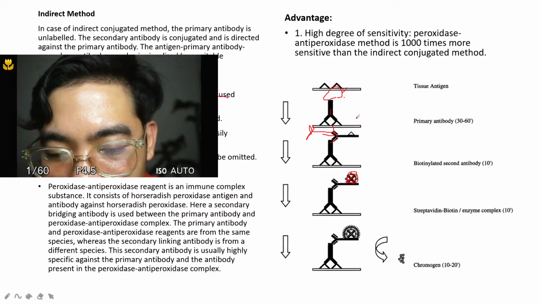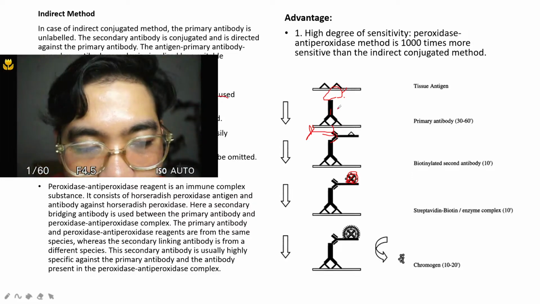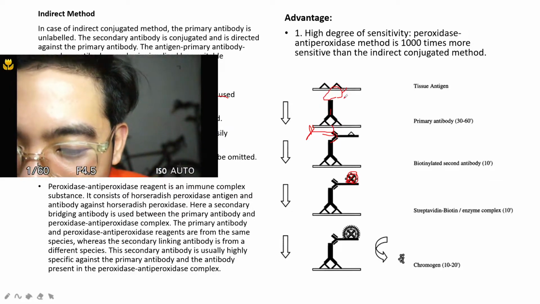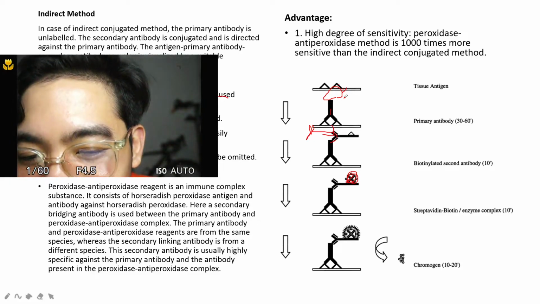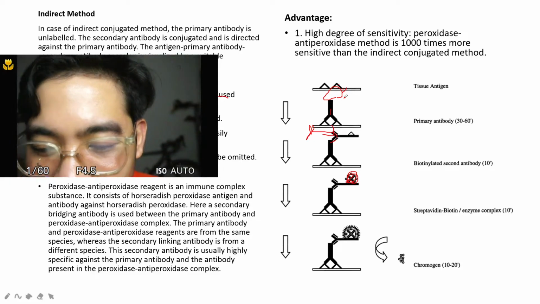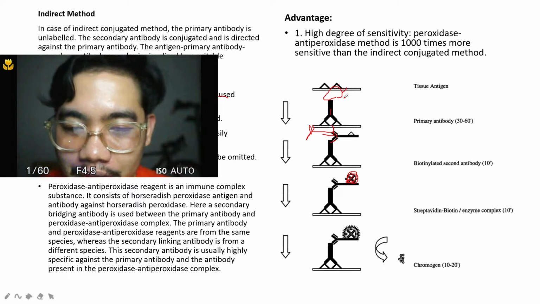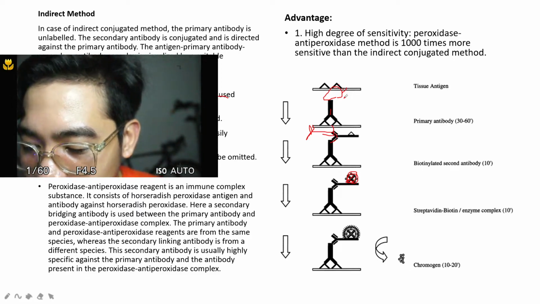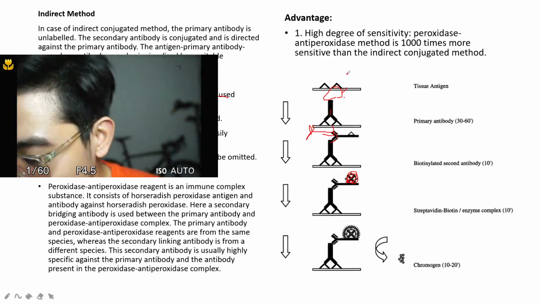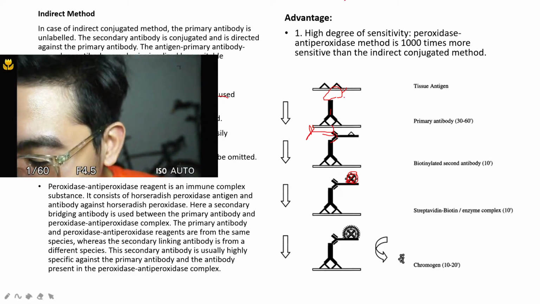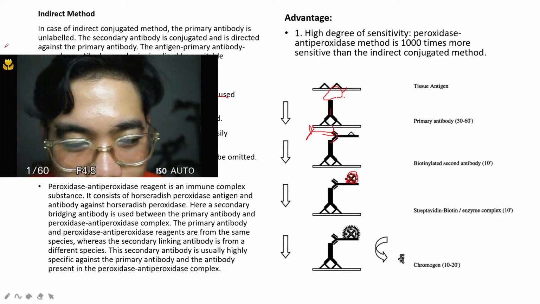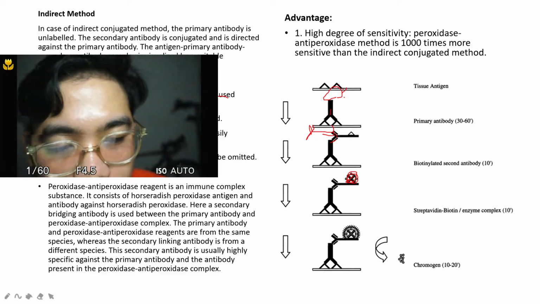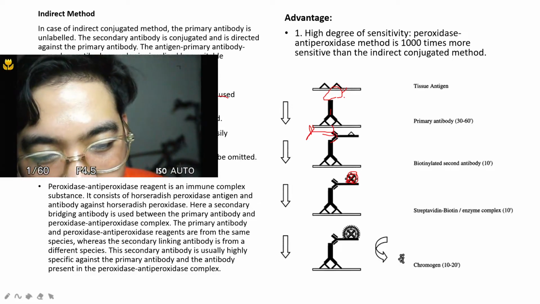This is one of the advantages: you no longer need to attach the marker, the coloring, the identifier to your primary antibody, because it is expensive. So a higher dilution of the primary antibody can be used, and a large amount of secondary antibody can be produced against the primary antibody.